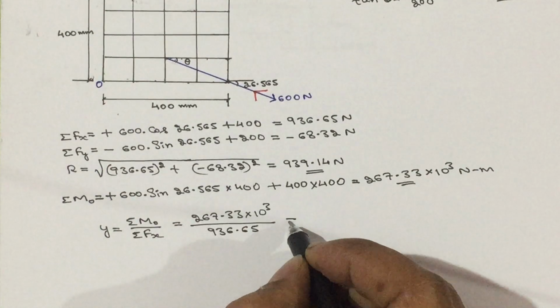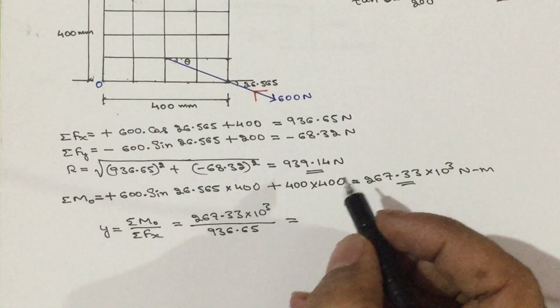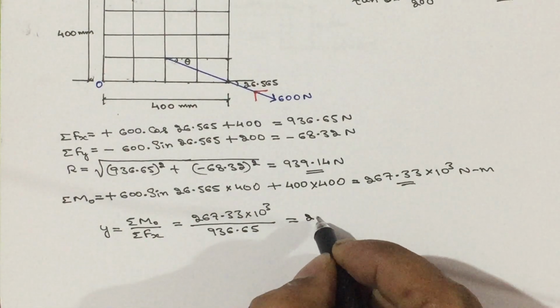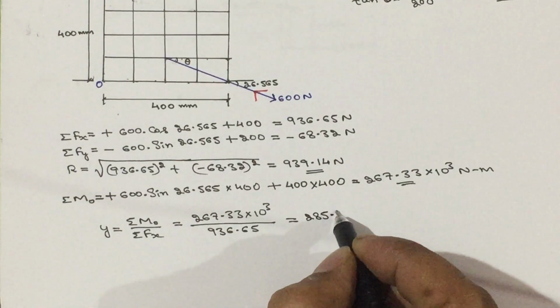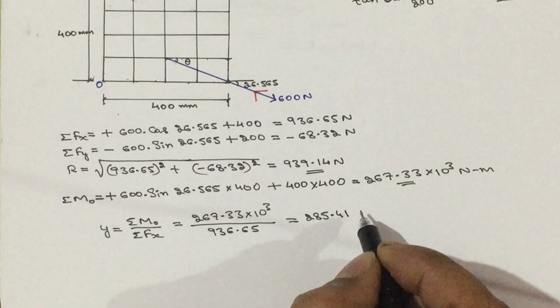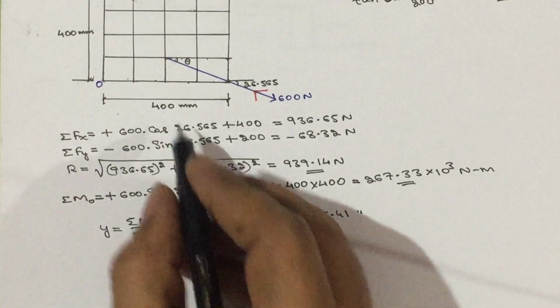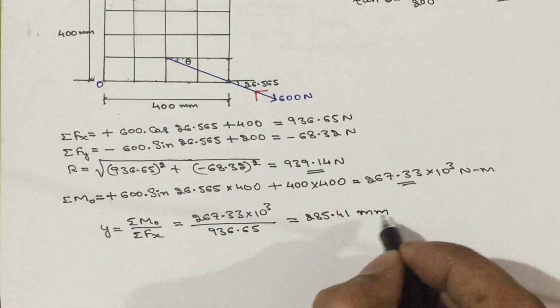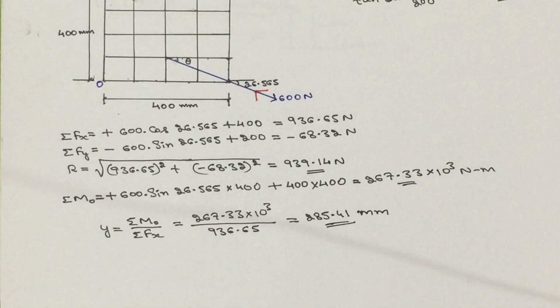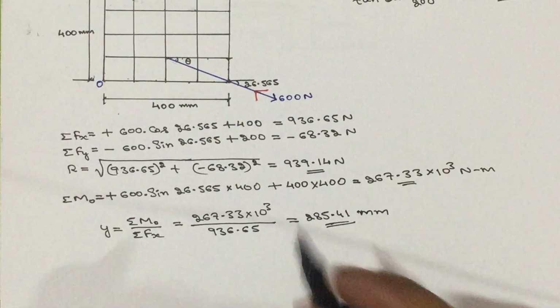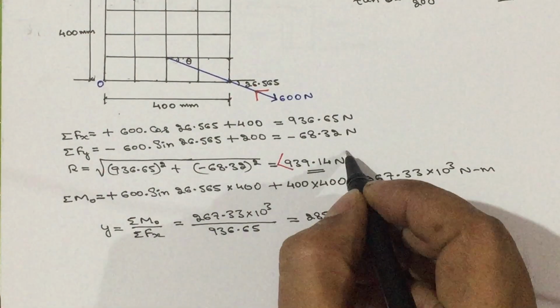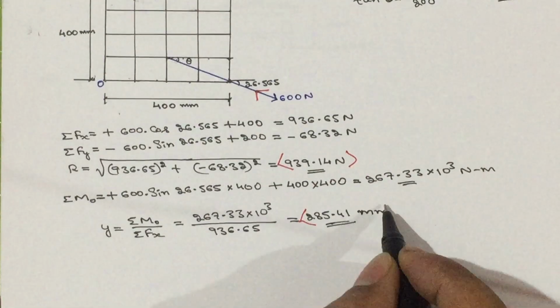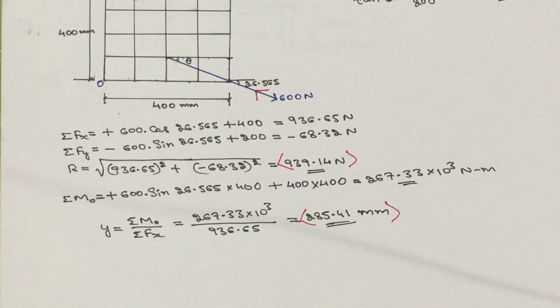If you calculate, you are going to get the value as 285.41. It is a distance. All the distances in the given problem are given in millimeter, so it will also be in millimeter. Hence we calculated the resultant value as well as the y-intercept. That's all for this problem. Thank you.